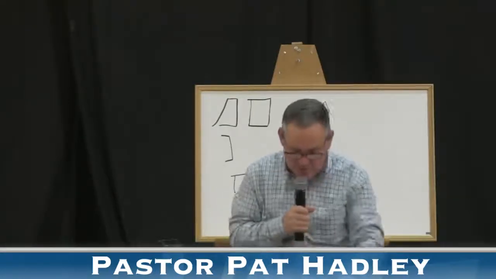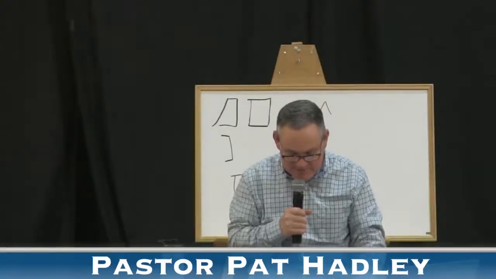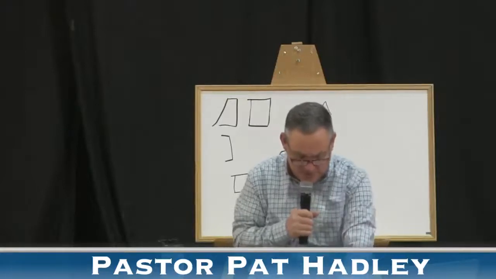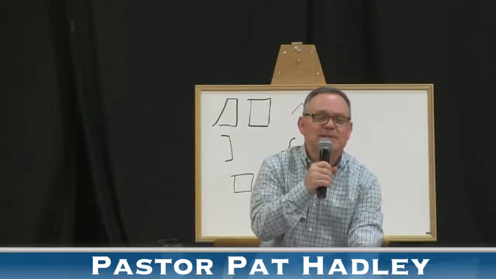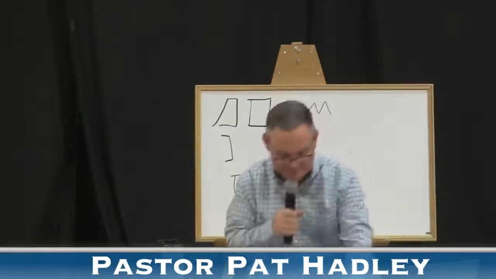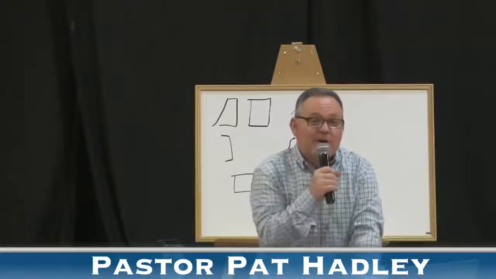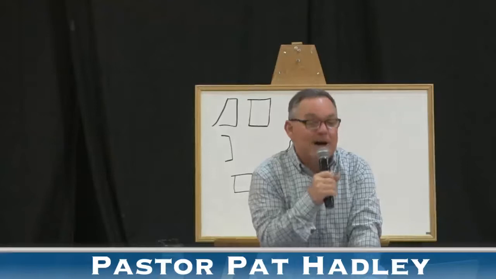Okay. When it was morning, behold, there was Leah. And he said to Laban, what is this you've done to me? Wasn't it for Rachel that I worked with you? Why have you deceived me? Now, you guys know what goes around comes around, right?